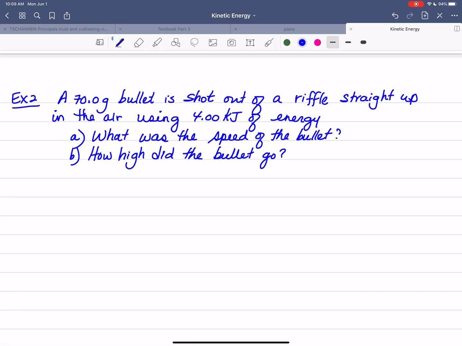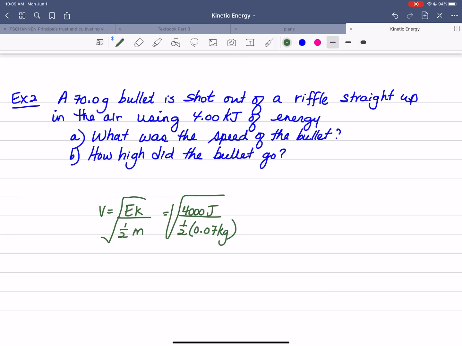Okay, so here, V is the square root of EK over 1/2 M. So I have 4,000 joules, 1/2, and 0.07 kilograms, right? 70 grams, I have to divide that by 1,000.